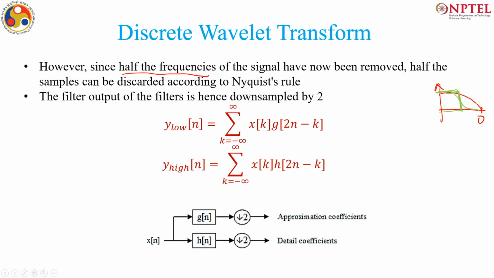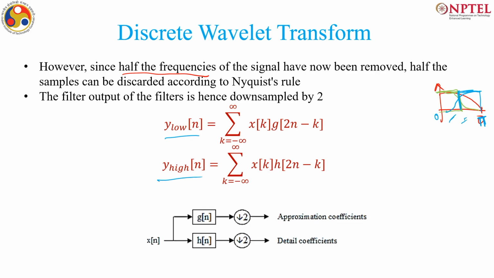So, this is my low frequency observation of the signal, which is Y low. And similarly, if I take another color, let us say blue, if I say this other region, so this is pi, this is 0, and this region is the high frequency content. So, in other words, this is capturing the low frequency range, while this is capturing the high frequency range.